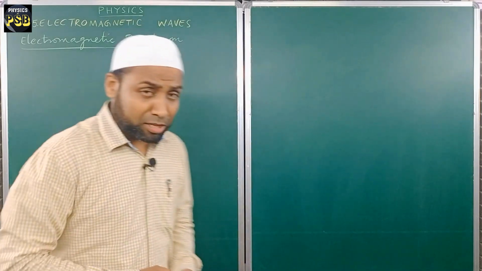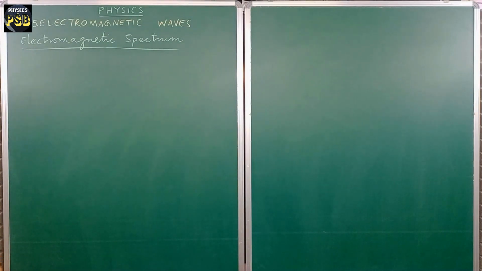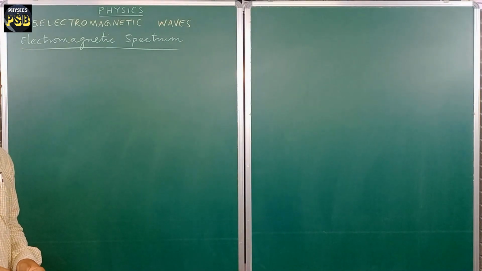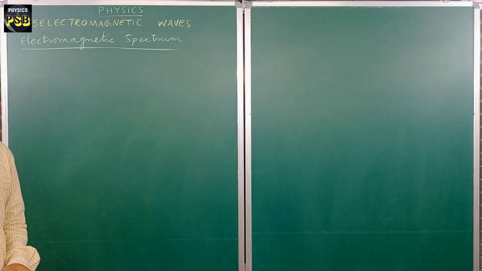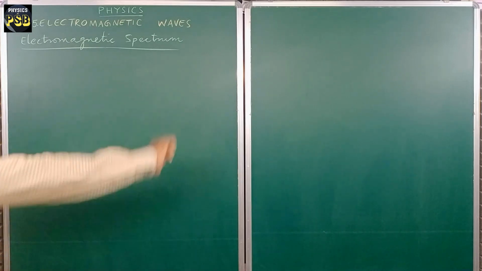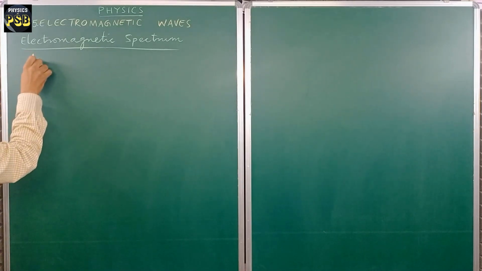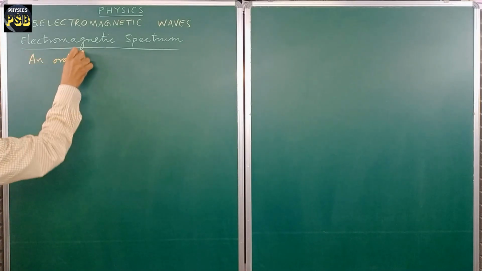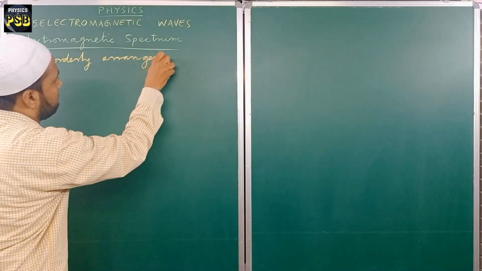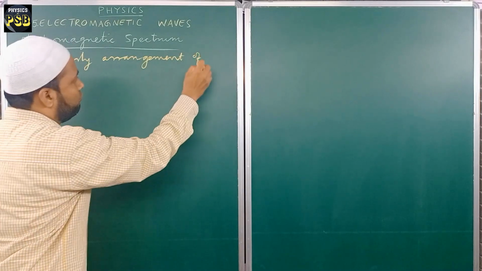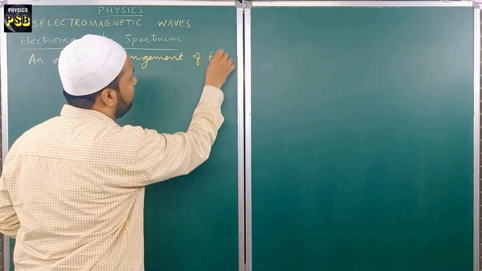What is the electromagnetic spectrum? Let me write this on the board. Electromagnetic spectrum is nothing but an orderly arrangement of electromagnetic waves based on their wavelength or frequency. An orderly arrangement of waves. Which kind of wave? Electromagnetic waves.